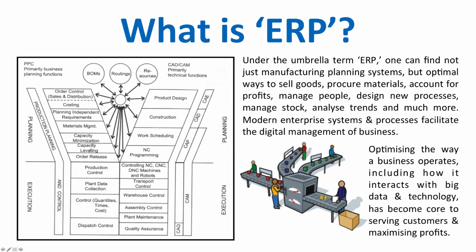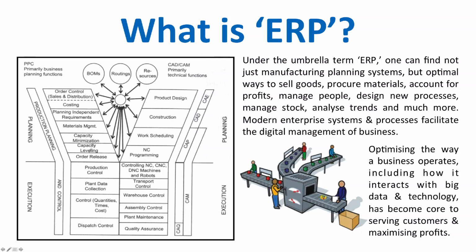If we start off on the right-hand side, in the planning area we have product design, and construction, so maybe you're making a prototype. We have work scheduling, deciding what part of the work has got to go to what part of the shop. We've got numerically controlled and CNC, computer numerically controlled programming, which goes directly to machines on the shop floor that punch things, machine things, maybe 3D printers, and welding robots and that kind of thing.